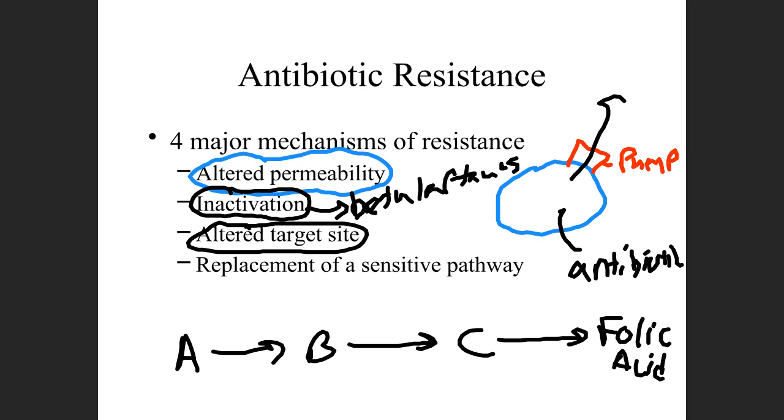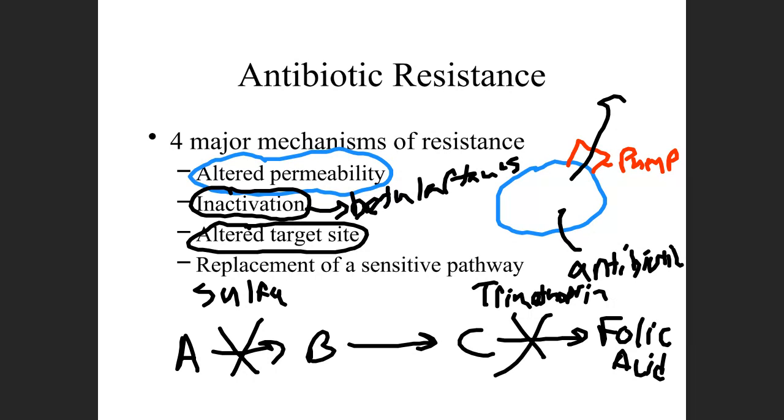Right? And then we talked about how the sulfa drugs block the first enzyme in the pathway. And you also typically give trimethoprim, which blocks the third enzyme in the pathway.